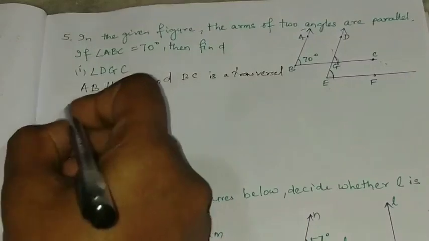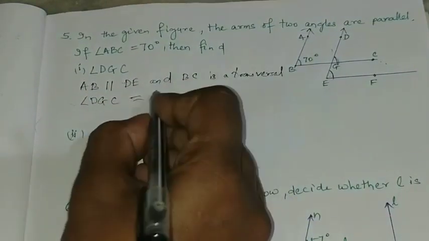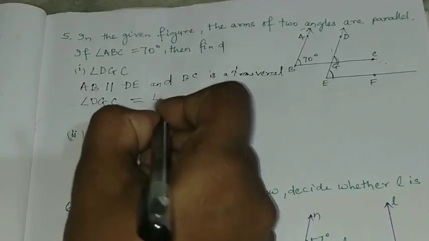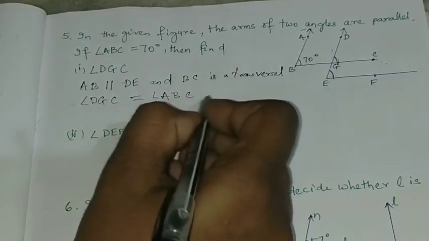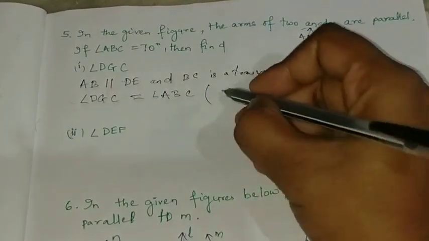So you can write angle DGC equal to angle ABC.